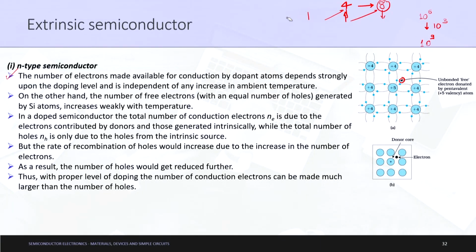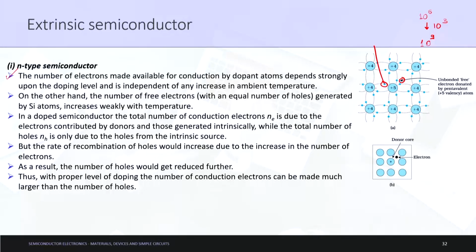Okay. And the next line says that it is independent of any increase in the ambient temperature. Quite evident. Why? In intrinsic semiconductors, due to the increase in thermal energy, there was some excitation happening, and some of the covalently bonded electrons were ejected from the lattice structure, becoming free electrons used for conduction of electricity.